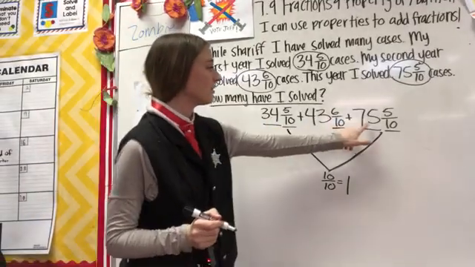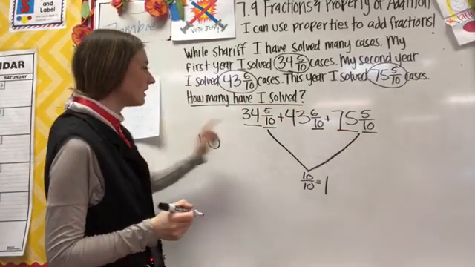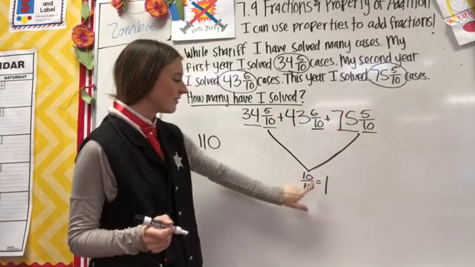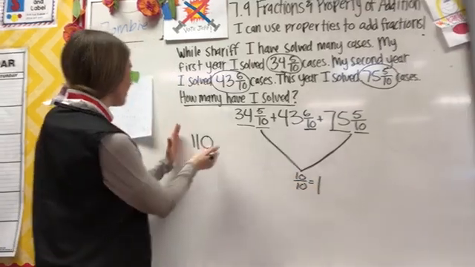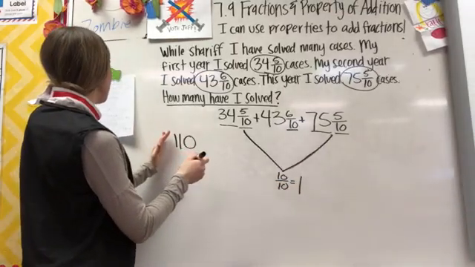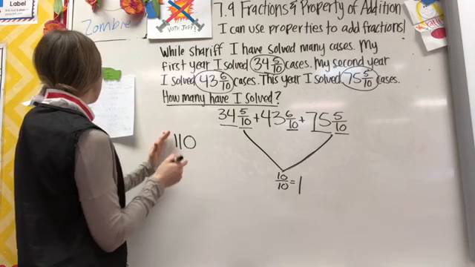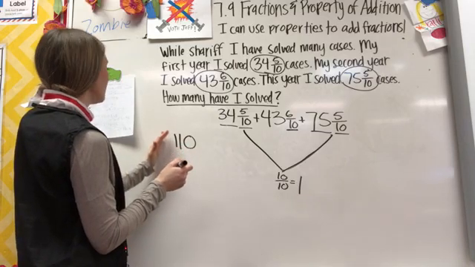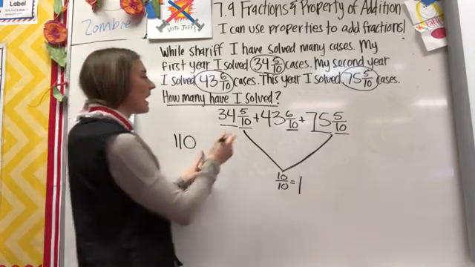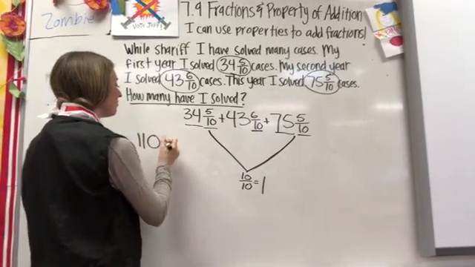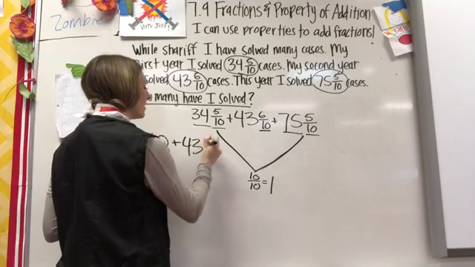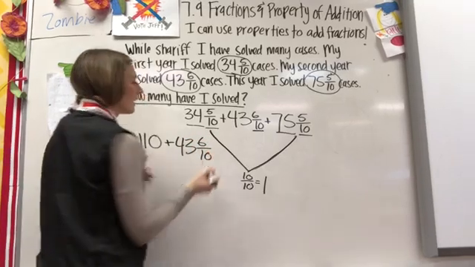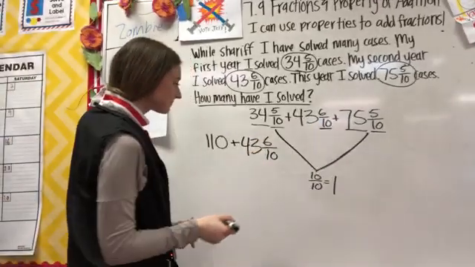So 34 plus 75 got us 109. 5/10 plus 5/10 gave us 10/10, which is the same thing as 1. 109 plus 1 is 110. Now we're going to take this number, and then we're going to add the only fraction we haven't done yet. So we still have 43 and 6/10, because we haven't added it to anything yet.